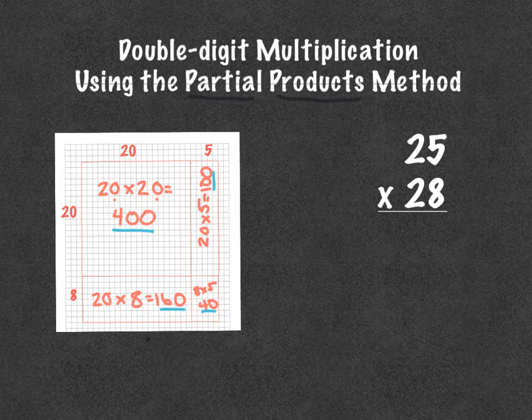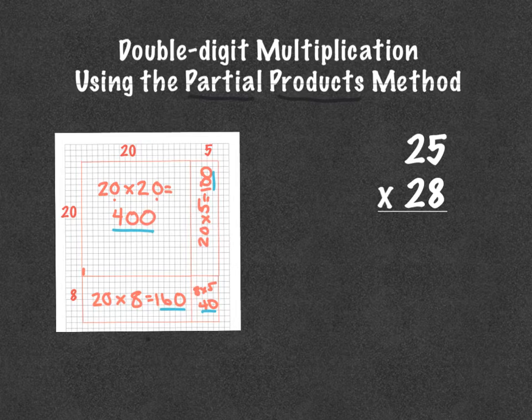Over here, if you think about it, we've got this 20 by 20 square. The first step with our partial products is going to do just exactly that.